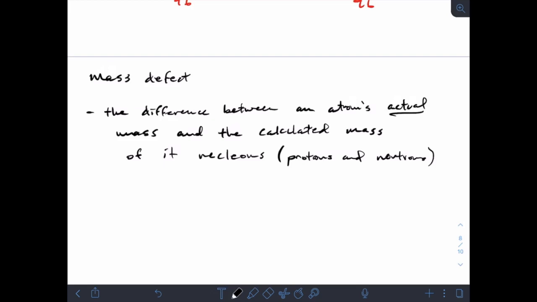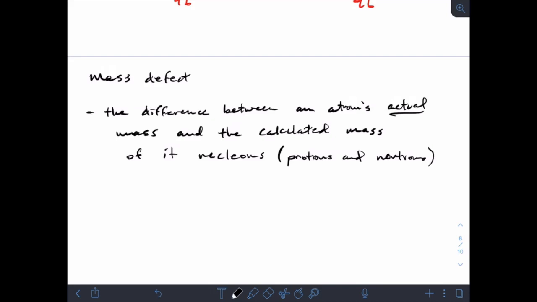And what they found experimentally was that the mass of the helium nucleus was close, but not quite what they calculated it should be. So that's what we refer to as the mass defect. And all that is taking the atomic mass, subtracting it from the calculated mass of the total of the nucleons. It's a very simple process. I actually think you can probably handle it without an example.